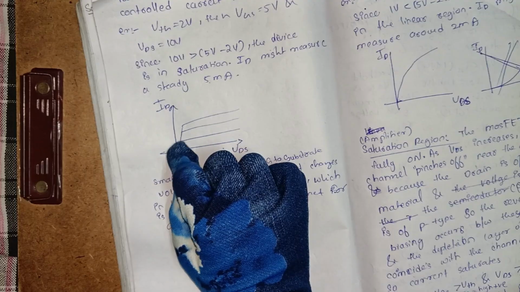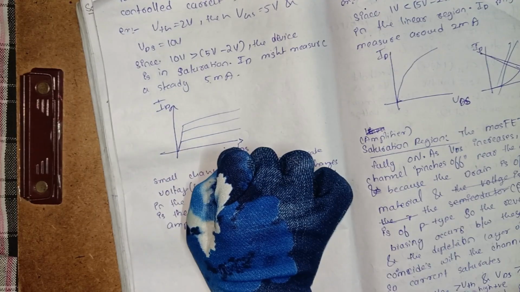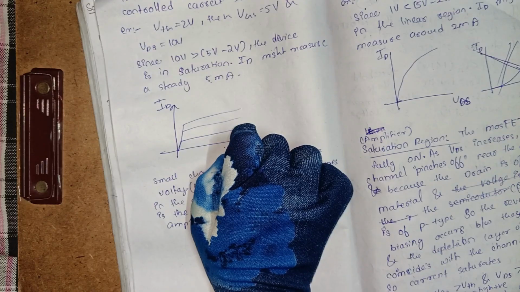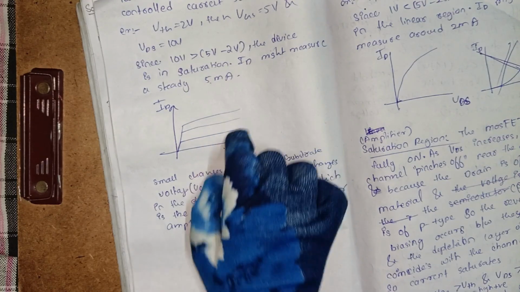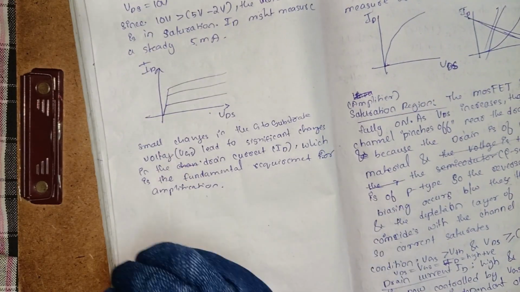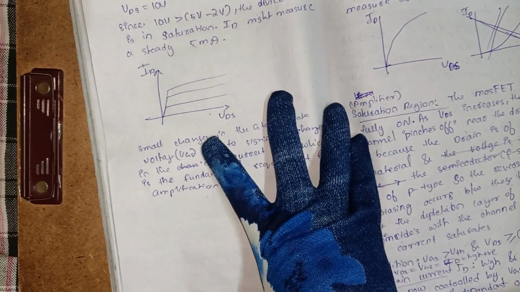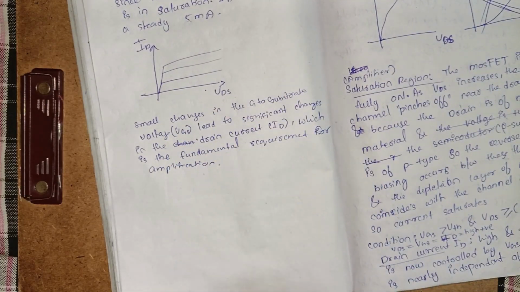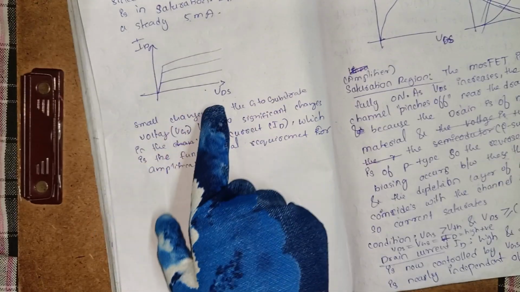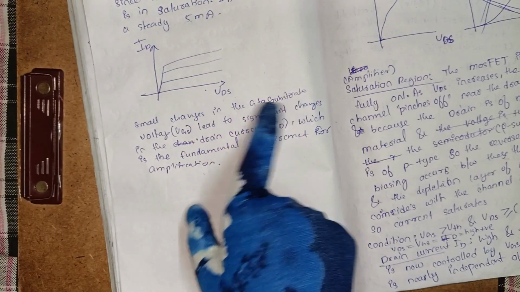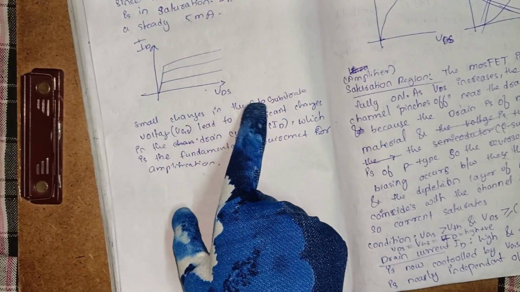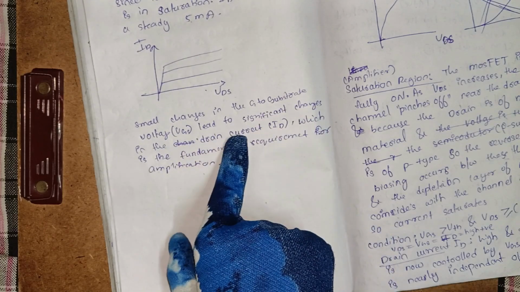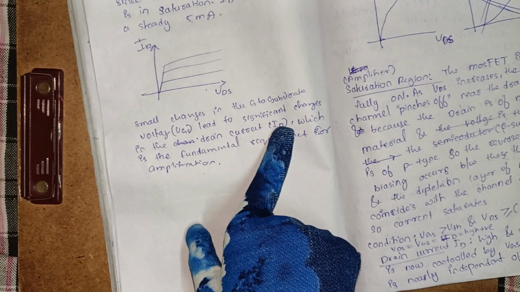So first ID increases with the VDS and then becomes constant because of the pinch off of the layers. And how it acts as an amplifier: small changes in the gate to substrate voltage lead to significant changes in the drain current, ID.